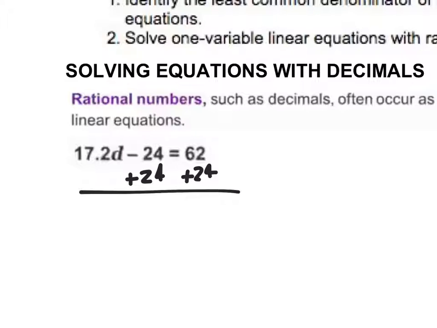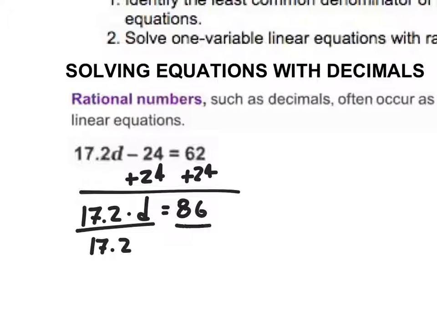Then I get 17.2d is equal to 62 plus 24, which gives me 86. Then I'm going to divide everything by 17.2. So 86 divided by 17.2 gives me a value of 5, so d is equal to 5.